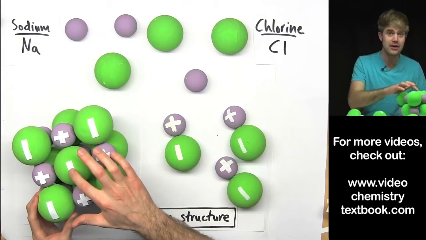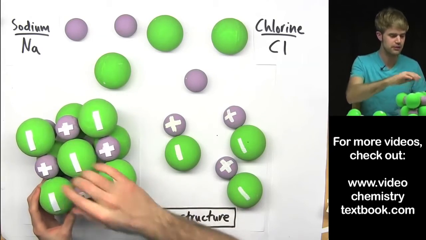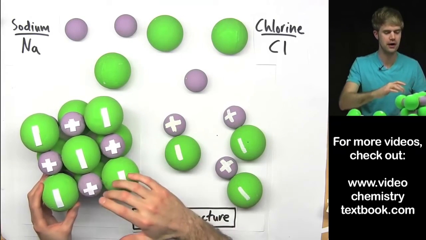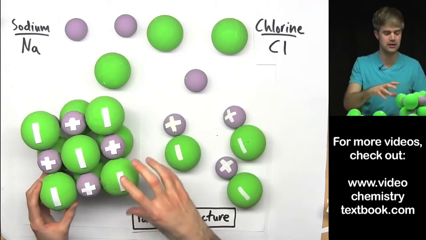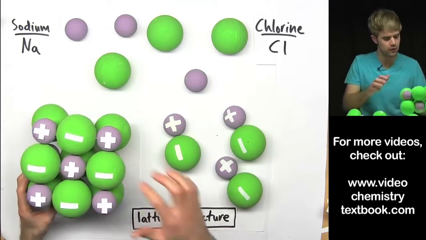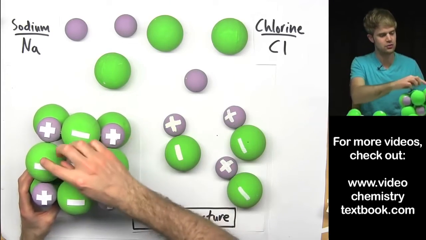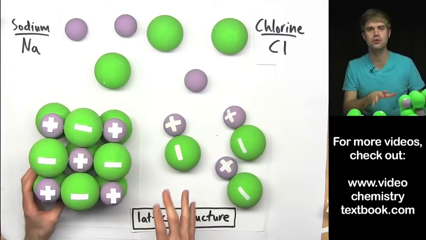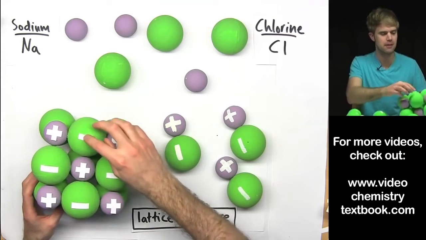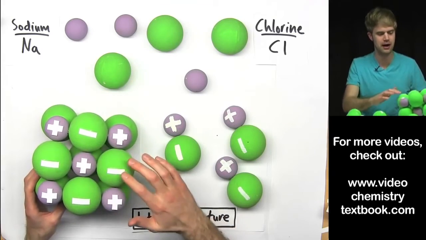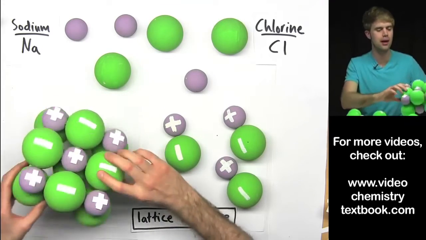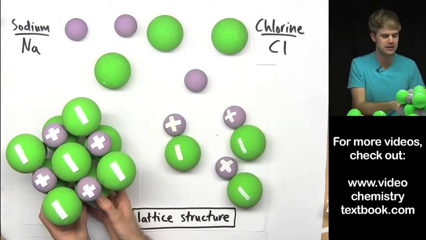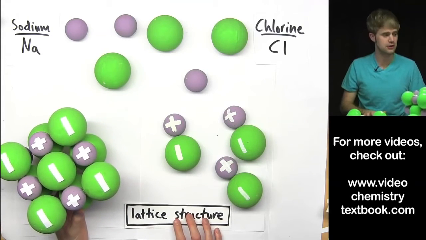Here we have a negative ion and it's surrounded by 4 positive ions because they're all attracted together. And over here we've got a positive ion that's surrounded by a whole bunch of negatively charged ions. Just in general, through the lattice structure we alternate plus, minus, plus, minus, plus, minus, because all of these opposite charges are attracting together to make this lattice structure.